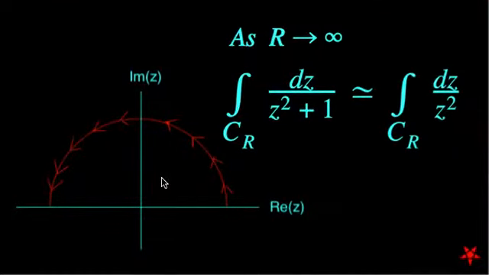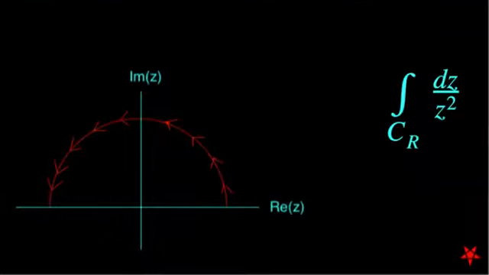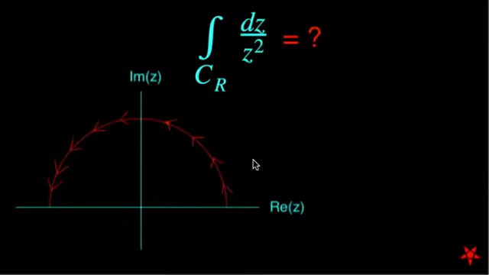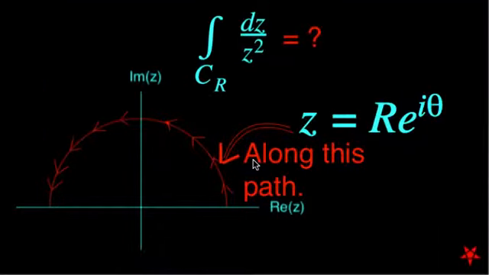So if we evaluate one over z squared for infinite r, then we will get the value of the previous integral along the same path.